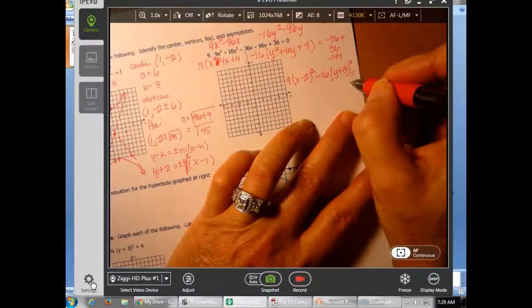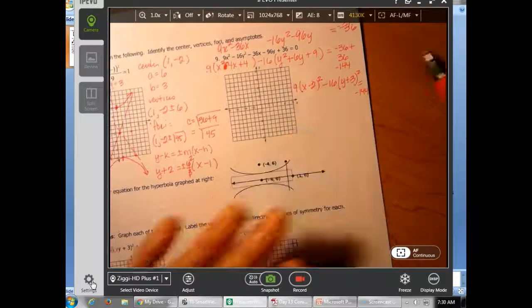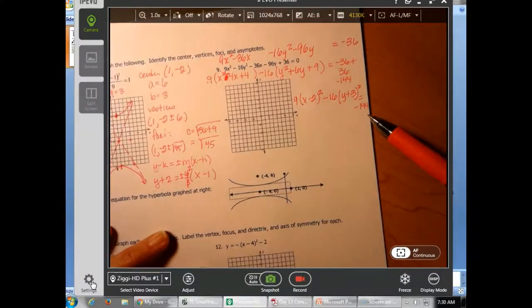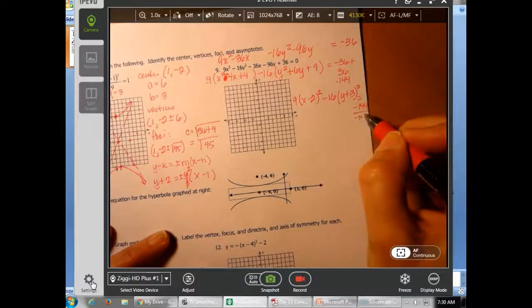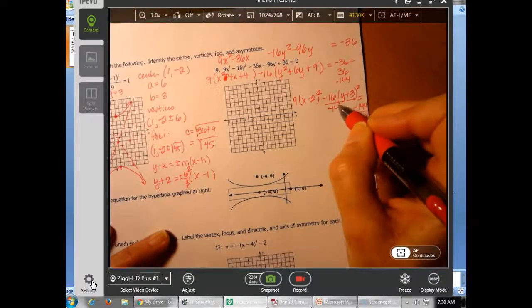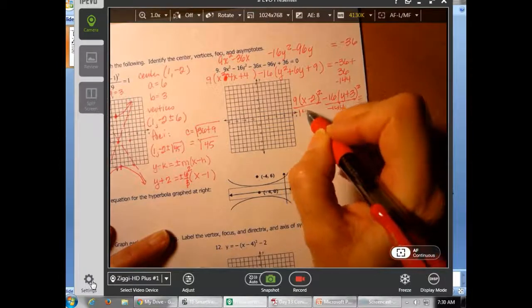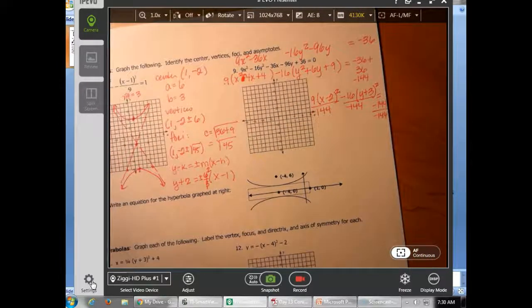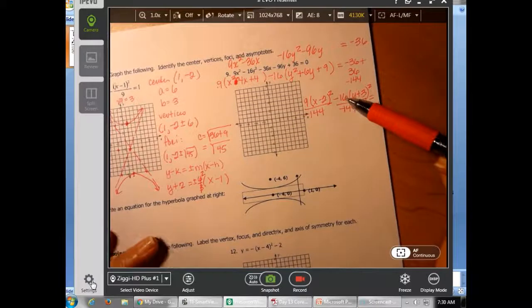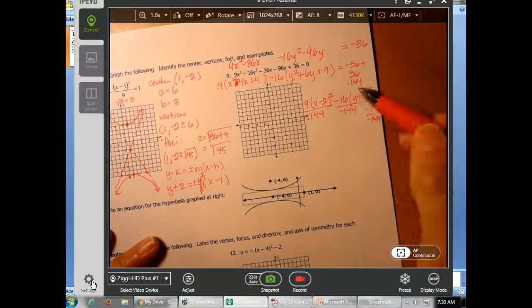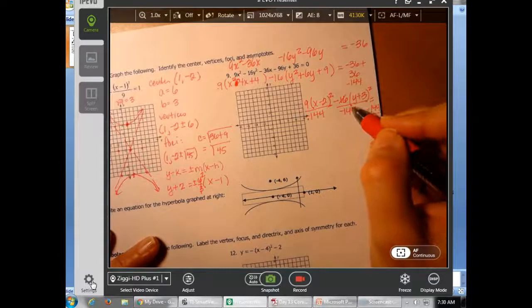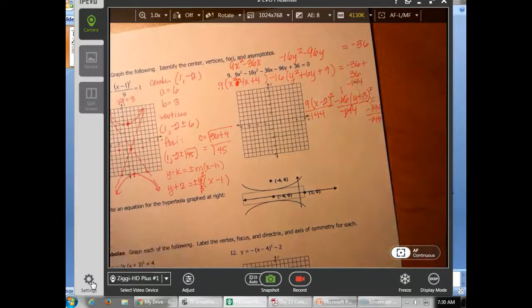Okay, so this is kind of an interesting problem here. So remember the last step is going to be to divide both sides by negative 144. So I'm going to divide this by negative 144 here, negative 144 here, and negative 144 here. Now this has an interesting little outcome. When I divide this negative by this negative, it actually changes this to the positive term. So it's going to come out front. Okay, so this is going to simplify down 1, and then I'm essentially just dividing 144 by 16.